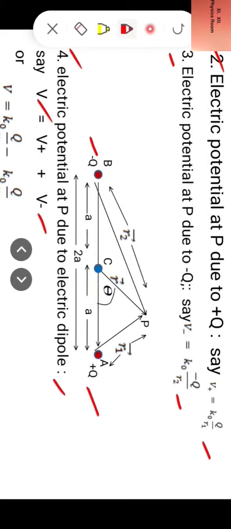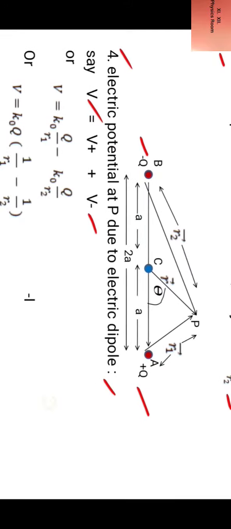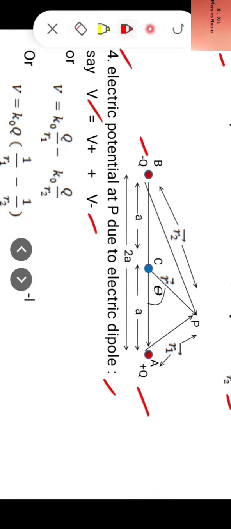Okay, algebraic sum we take V plus and V minus, or we can write V is equal to K naught Q by R1 minus K naught Q by R2.